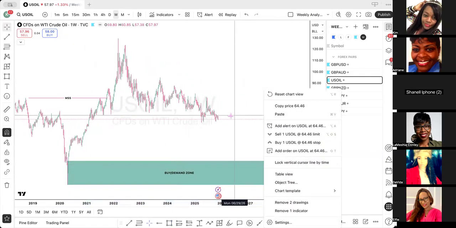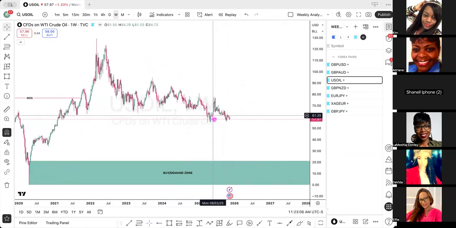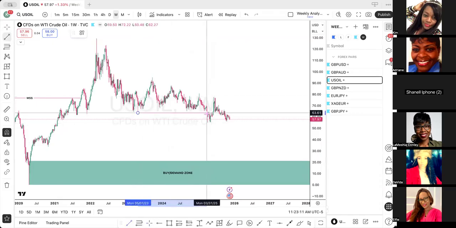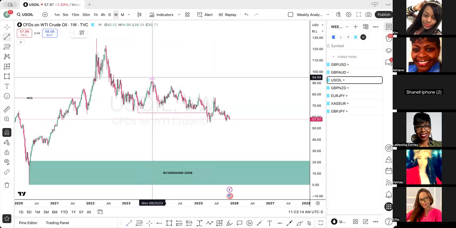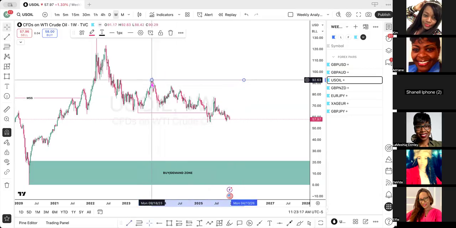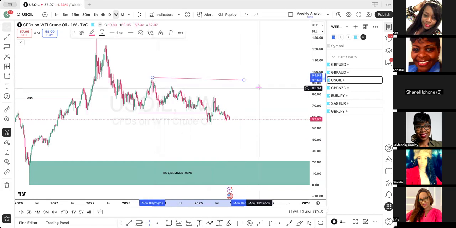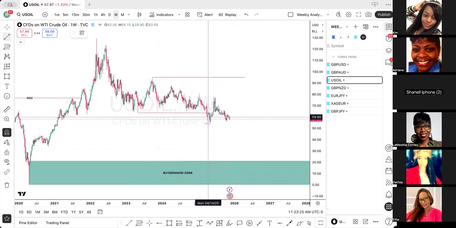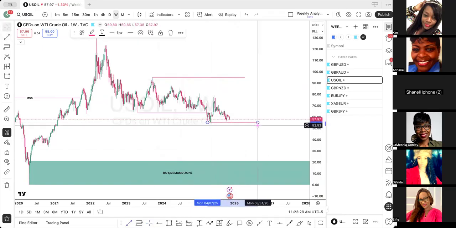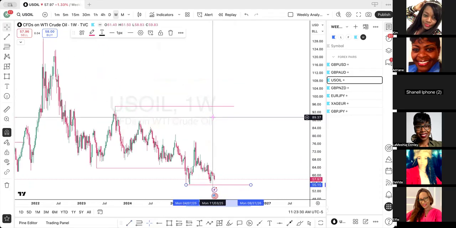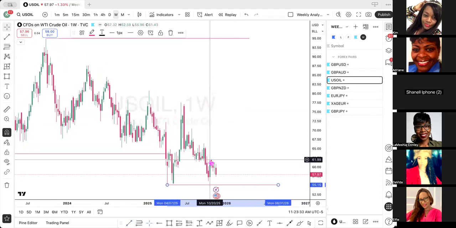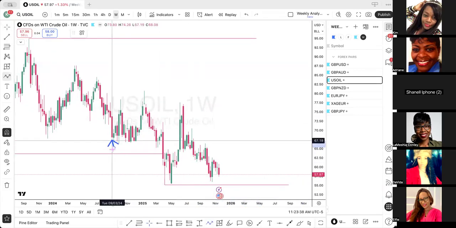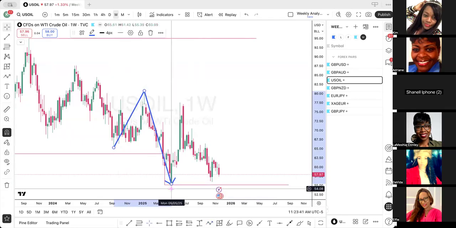So as price is going down, we look at our swing lows. Price broke structure here, which made this my swing high. Okay, and this the swing low. All right, so within that, the current internal structure is here, right?